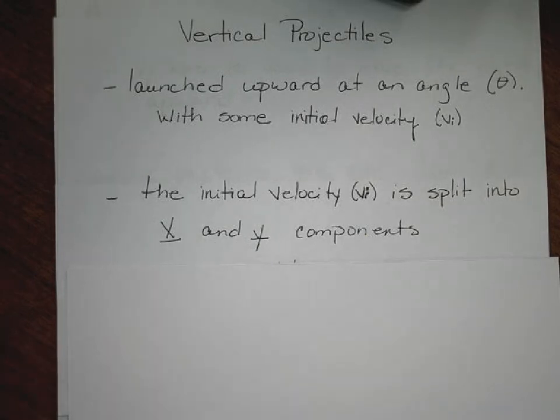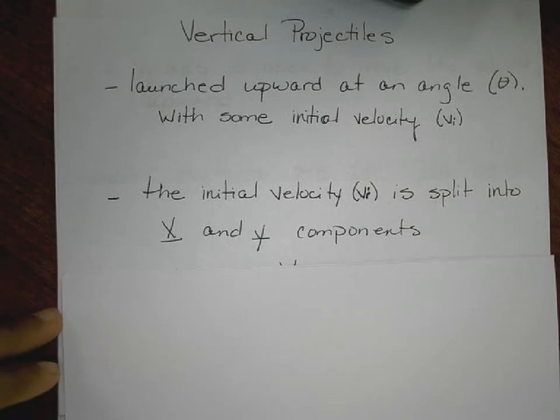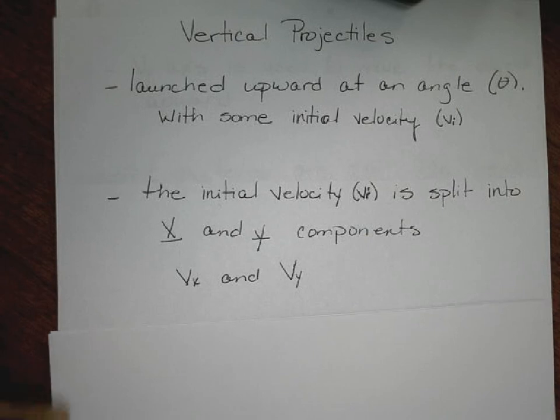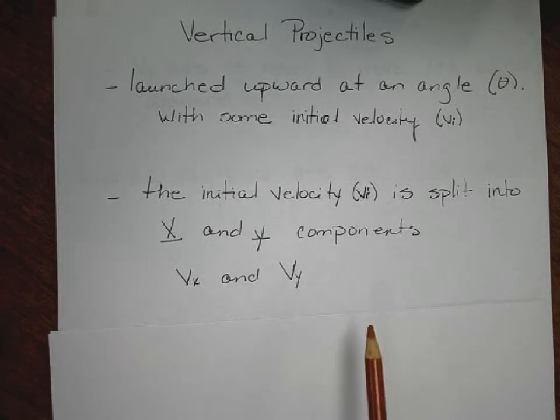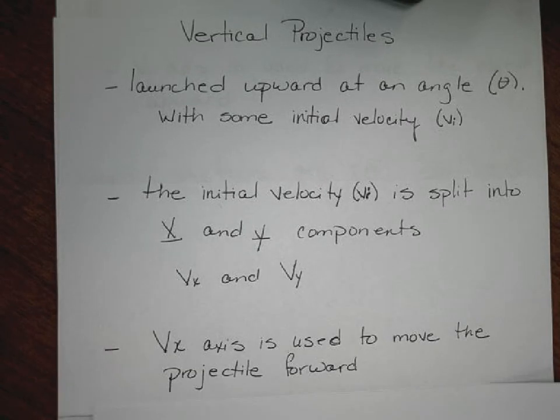This language should seem familiar to you because we used the same language when we were doing our little vectors unit. So you'll get a velocity that applies to the x-axis and a velocity that applies to the y-axis. In just a moment, I'll refresh you on how to get these and what they mean.